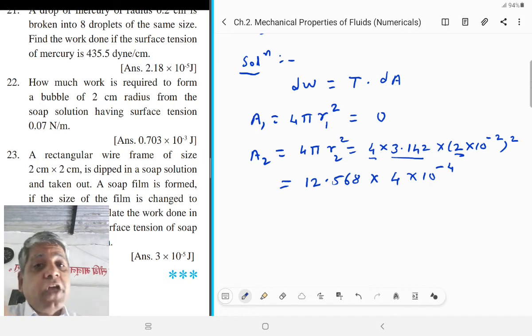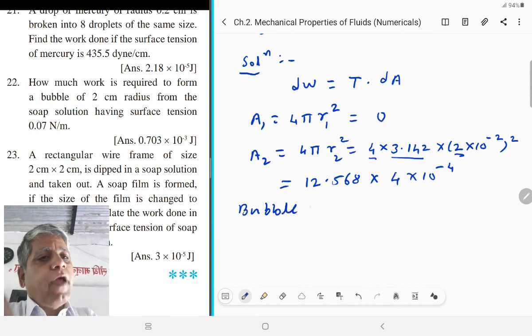Now the change in surface area. Bubble has two surfaces. Since inner side also air, outer side is also air, therefore bubble has two free surfaces.